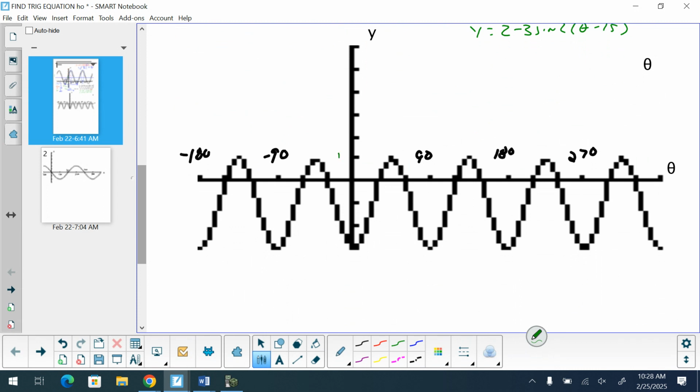Let's see, we got 1, negative 2, and negative 3. All right, draw in where your neutral axis would be. Okay, draw that in.